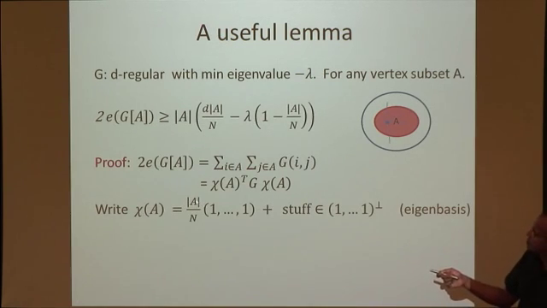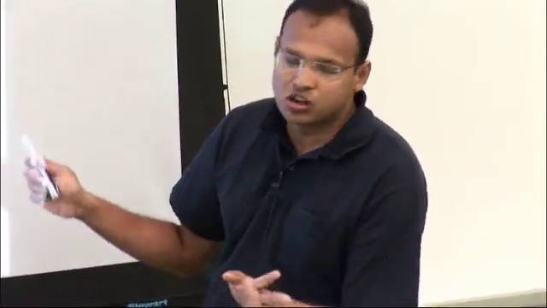So I write chi A as A over n times 1, 1, 1 plus other vectors which are orthogonal to this one vector. So this is removing the bias. I expand it out, and the thing pops out. Probably many of you have used these arguments, so I don't need to elaborate.